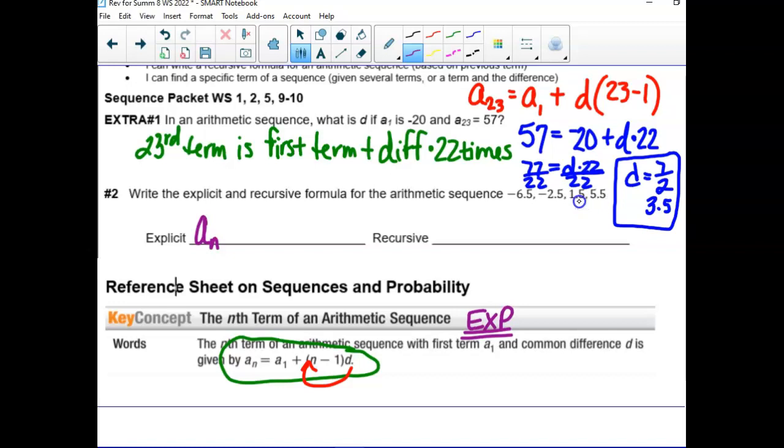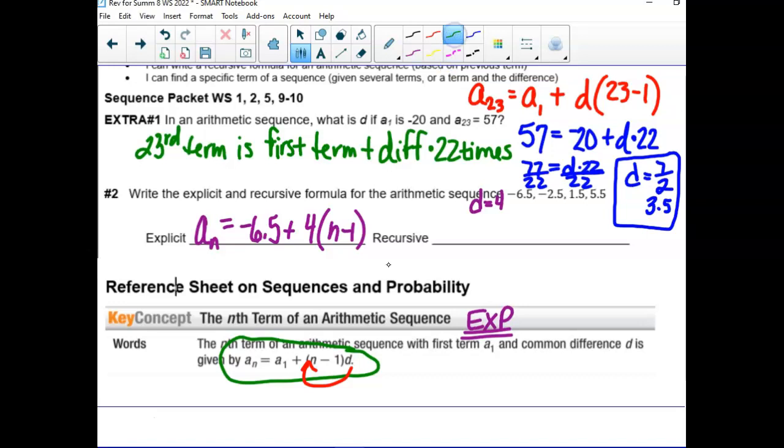If you take 5.5 minus 1.5, you get a difference of 4. Is everybody with me? So a sub n equals, the first term was negative 6.5 plus a difference of 4 and minus 1 times. And I'm fine with you leaving it like that on the quiz, even if you put the 4 at the back, I don't care. You don't have to distribute and simplify. Everybody good?